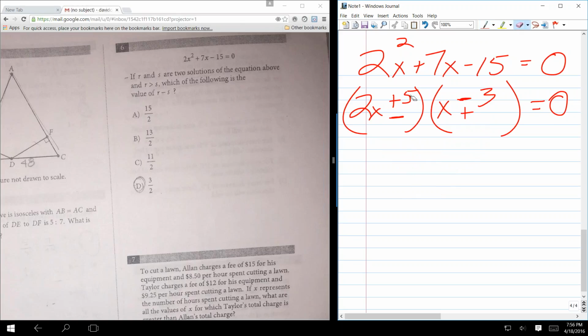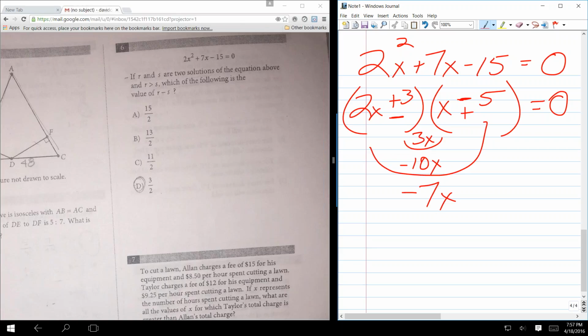So instead of moving the 5 down and the 3 down, let's switch them. Let's put the 3 there and the 5 there and see if that works. What's that give as a middle term? 3x and 10x, so negative 7x. Ah, which gives us the right number, the wrong sign.